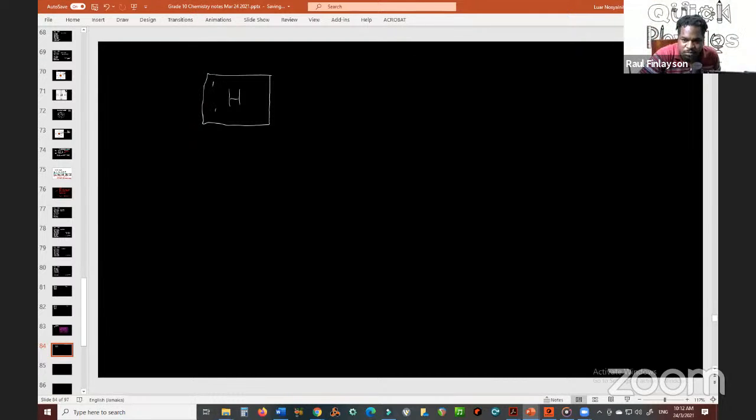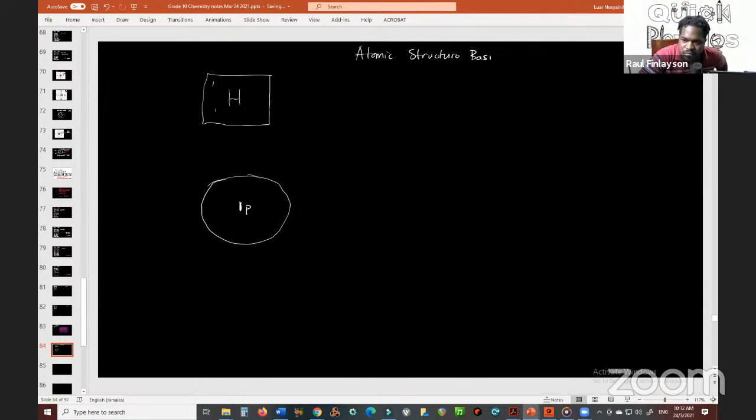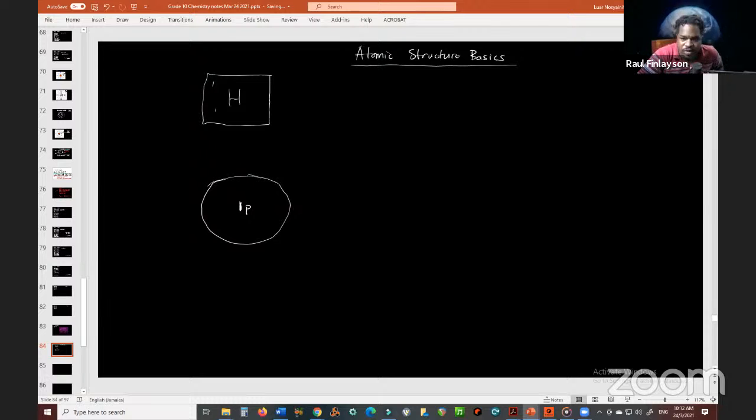If we were to draw the atomic structure, it would have one circle, and inside the hydrogen we would say it has one proton. So again, this is atomic structure, the basics.